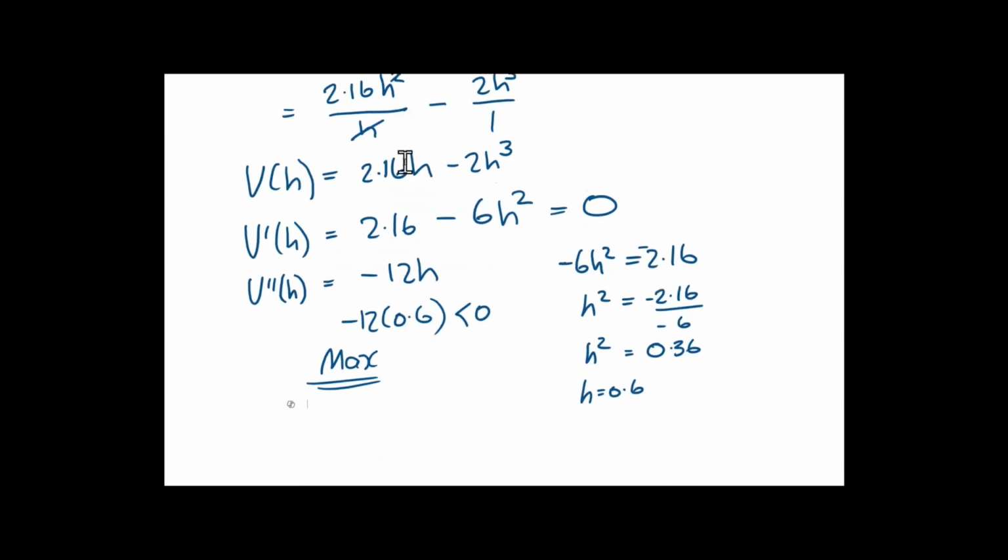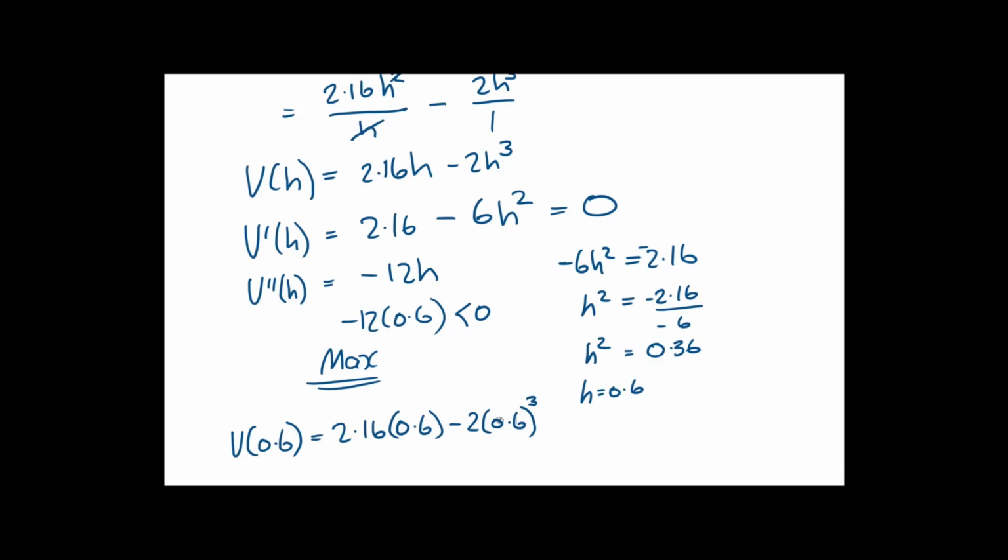And we have a formula up here for that volume. So the volume at 0.6 is going to be 2.16 times 0.6 minus 2 times 0.6 cubed. Now, the cubed bit here is just going to make this get smaller and smaller.